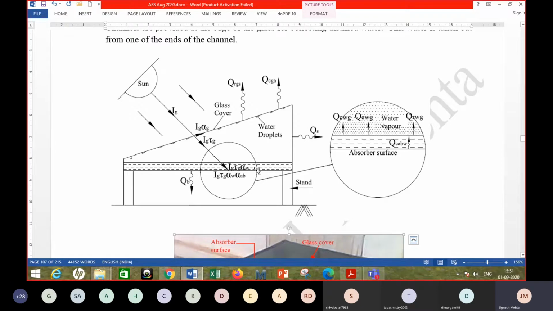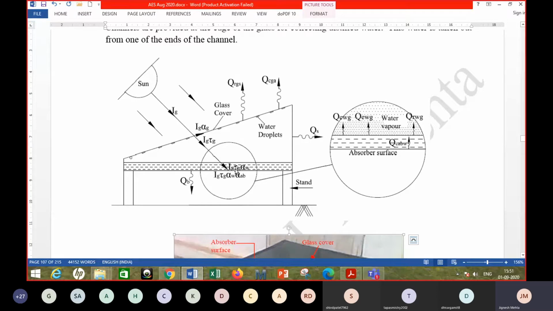Now can you tell me the heat transfer phenomena which is involved in transfer of heat from the absorber surface to water? How is the heat transmitted from the absorber surface to the water body? That's the question. What is the heat transfer mode involved?